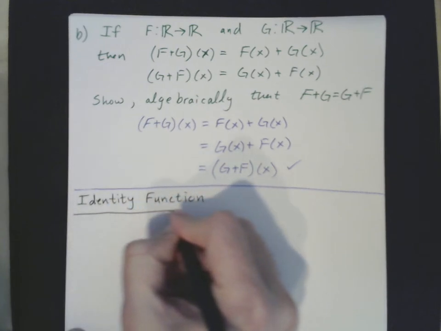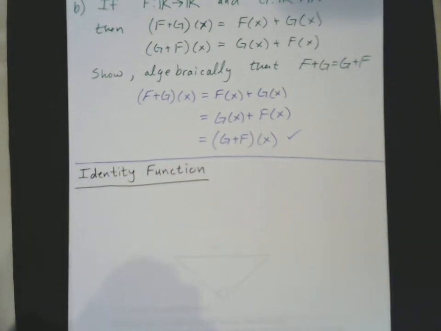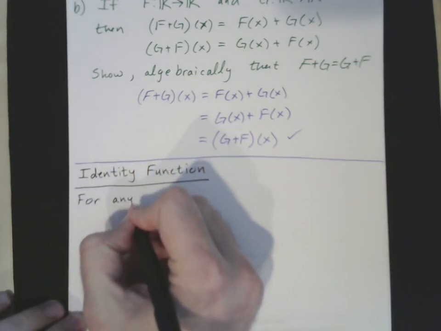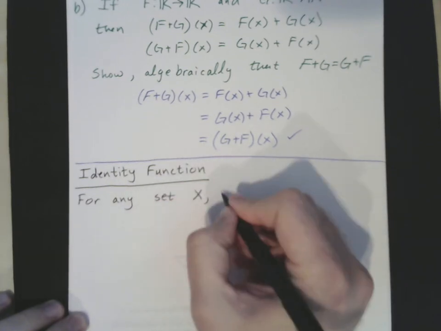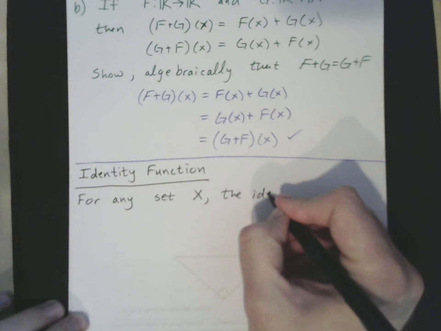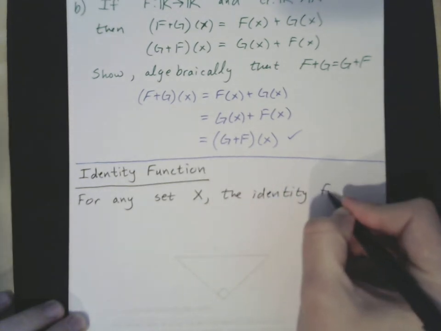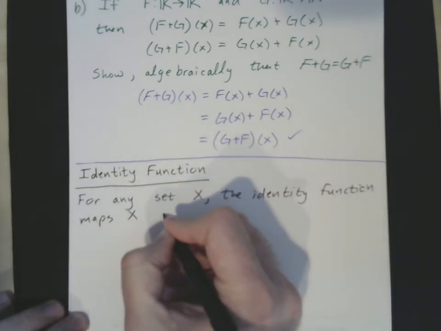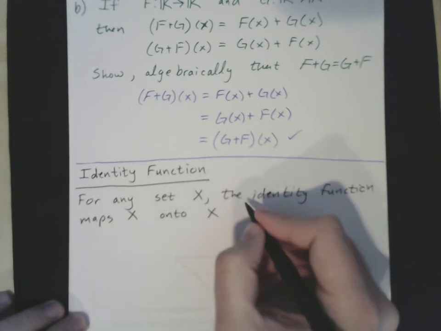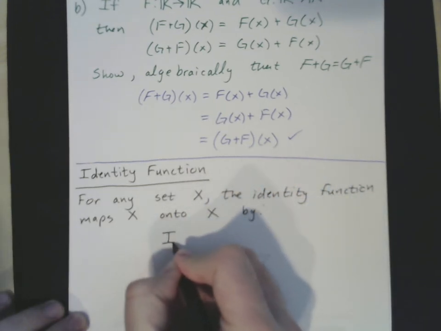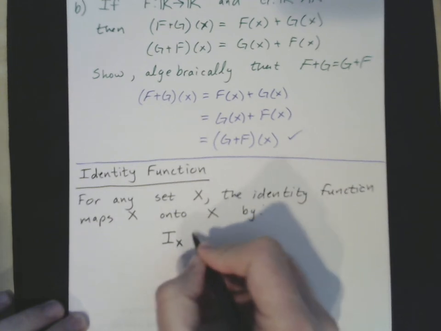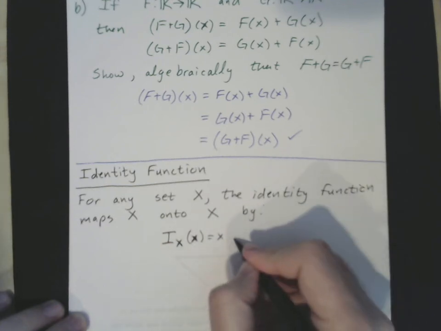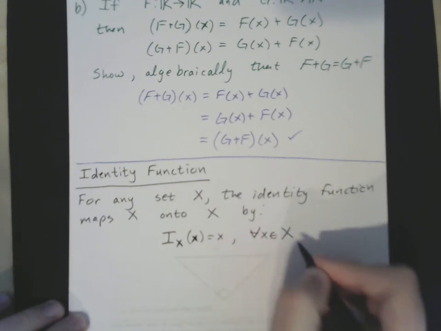Now we've all seen an identity function, probably more than one, before, but for any set X, the identity function maps X back onto X. We denote it as I sub X, where capital I sub X of x equals x. And this is for all little x in capital X.